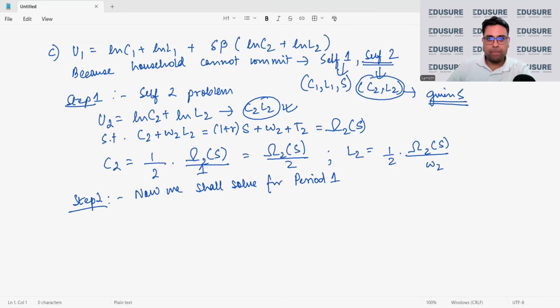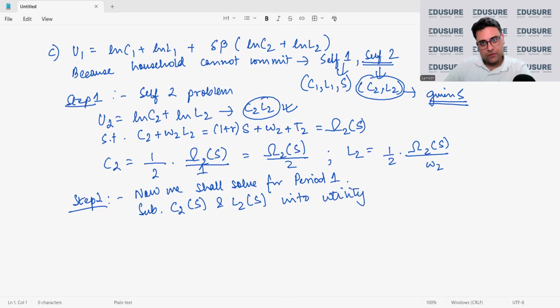We will substitute C2 and L2 as a function of S into the utility function of the consumer.